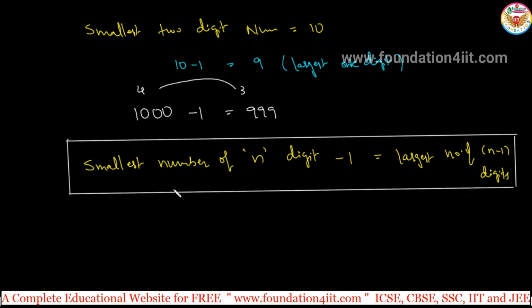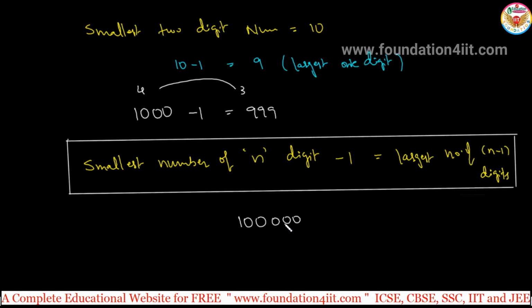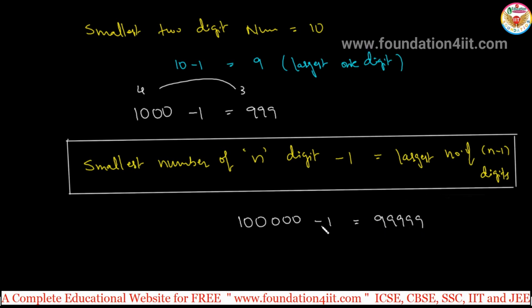For example, take 1, 2, 3, 4, 5, 6, the smallest 6 digit number. You just subtract 1, and 6 becomes 5: 1, 2, 3, 4, 5. So the largest n minus 1, 6 minus 1, is a 5 digit number. These are the examples.